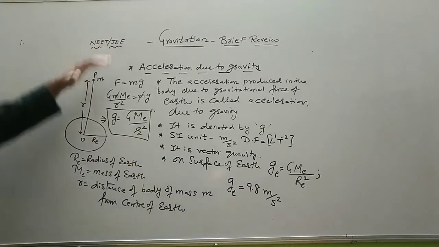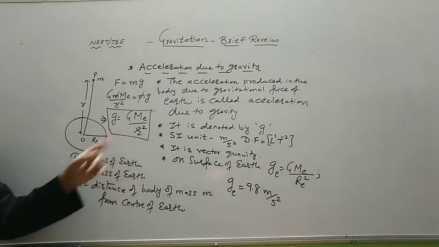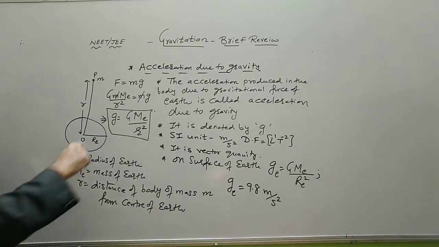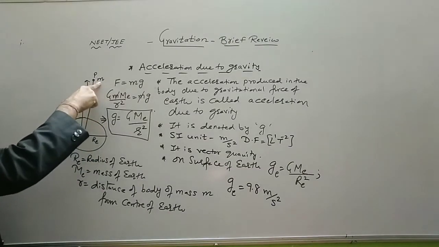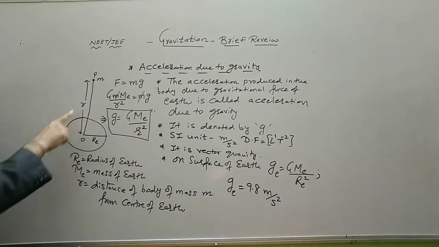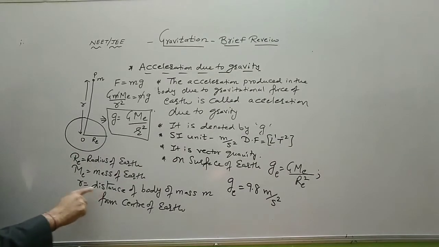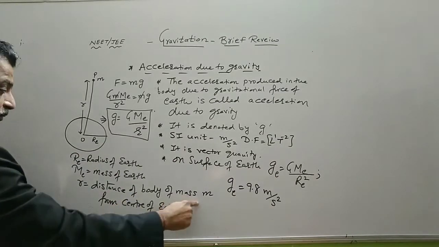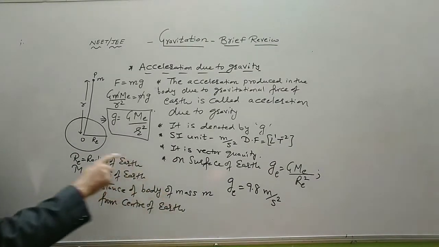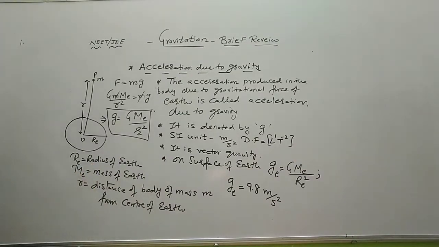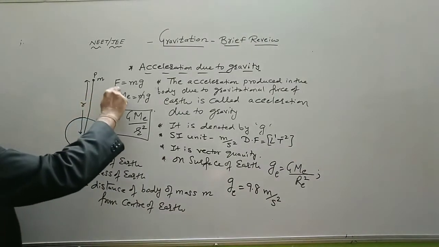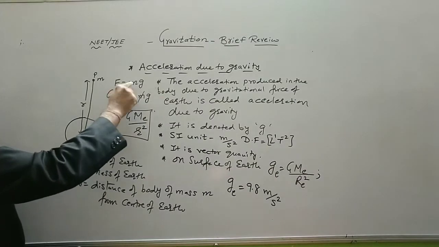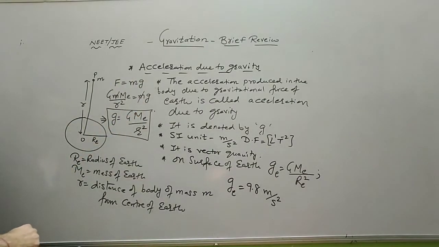Then let us see the general formula for acceleration due to gravity. Consider a body of mass m at a distance r from the center of the earth. Here small r is the distance of the body of mass m from the center of the earth, Re is the radius, and Me is the mass of the earth. So the force acting on it, or the force of gravity, is m into g.